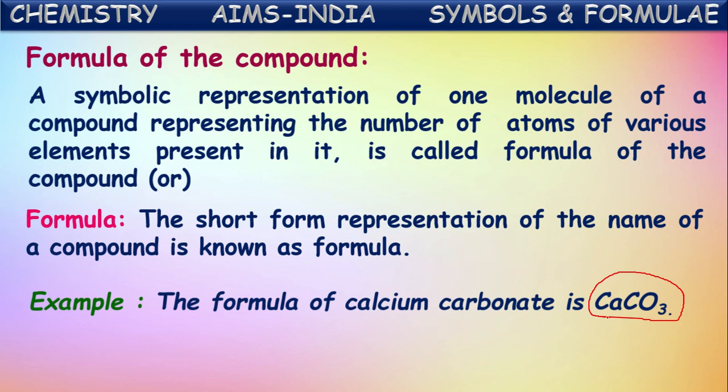It is the symbolic representation of calcium carbonate, and it represents the number of atoms of various elements present in it, isn't it? See here, calcium, carbon and oxygen are combined together to form calcium carbonate, and we can understand how many atoms of each element are present also. That is the chemical formula of the compound.